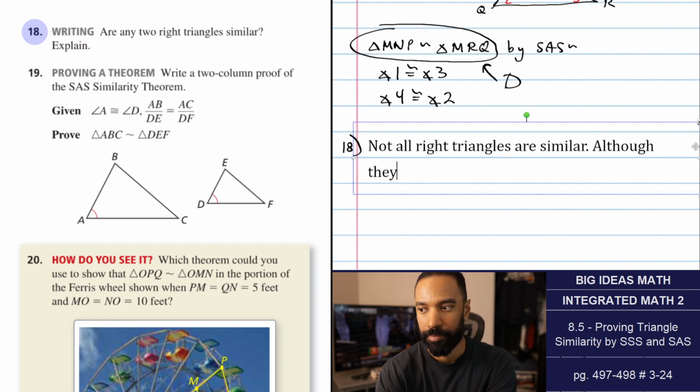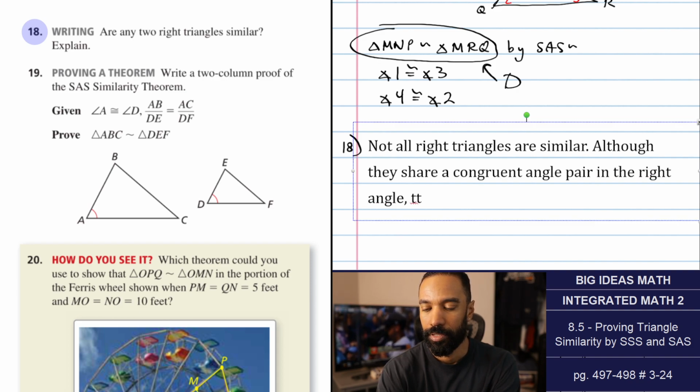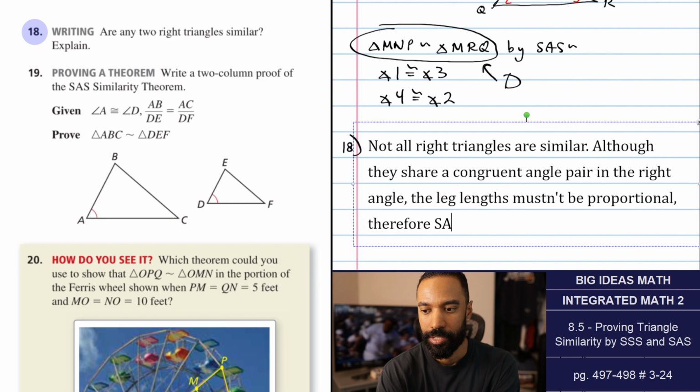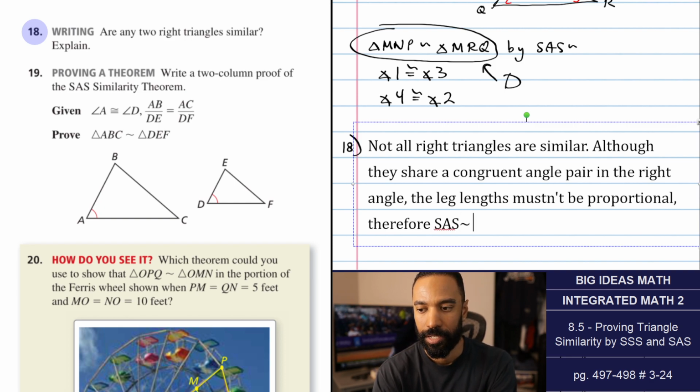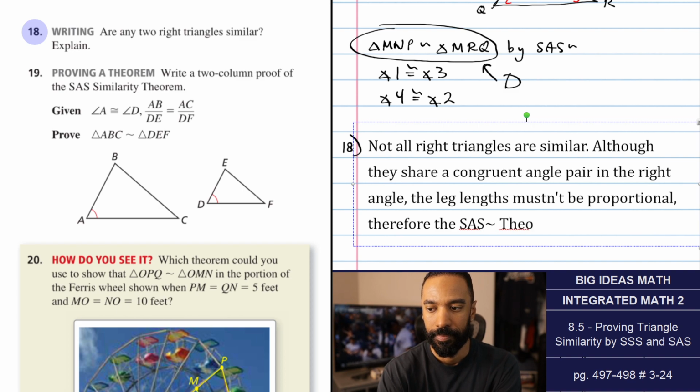Although they share a congruent angle pair in the right angle, the leg lengths mustn't be proportional. Therefore, the side angle side similarity theorem does not always hold up.